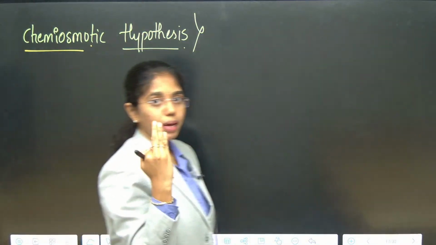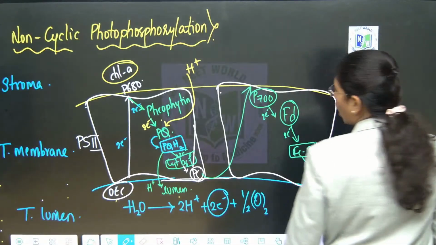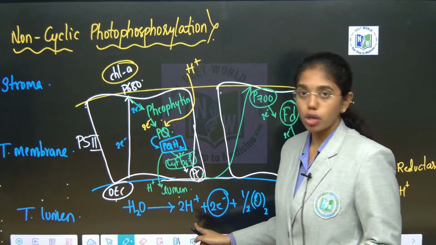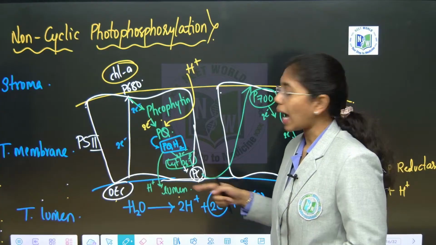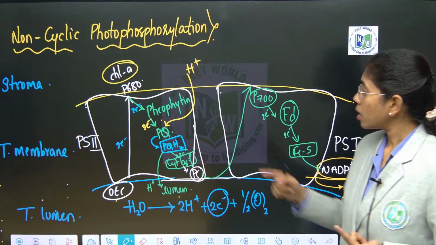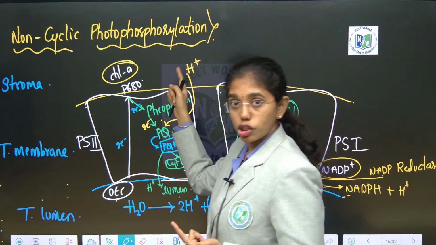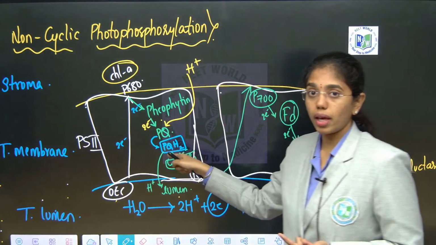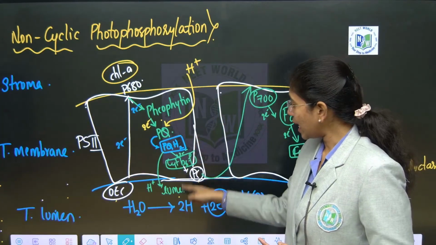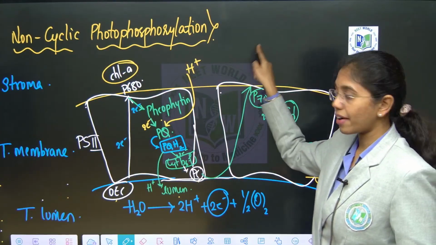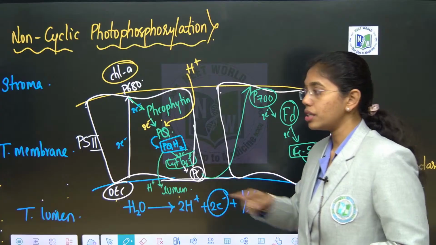So there are three main reasons, if you look at non-cyclic photophosphorylation. First, due to photolysis of water, protons are being accumulated inside the lumen. That is the first reason. Second, protons which are present in the stroma are being taken by the quinone cycle, by plastoquinone, and again they are passed on to the lumen. This is the second reason, where protons are reduced in the stroma and increased in the lumen.